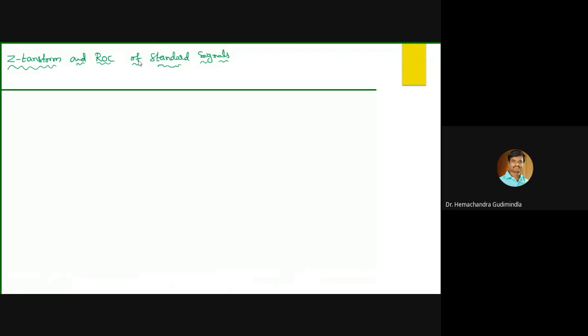Two signals I will consider. One is x of n equals alpha power n into u of n. Second one, x of n equals minus alpha power n u of minus n minus 1. These two are the standard signals in Z transform.